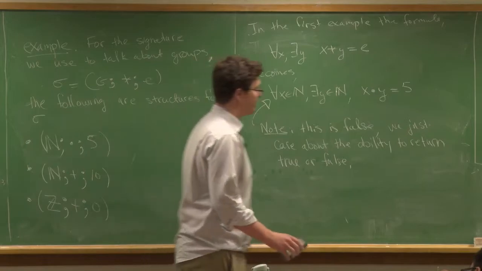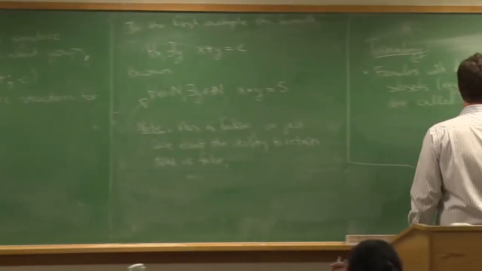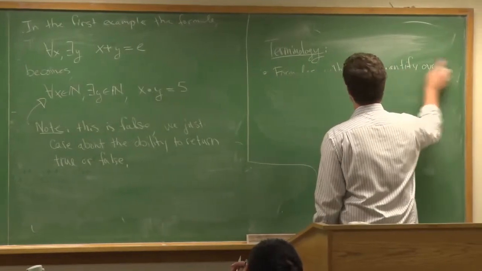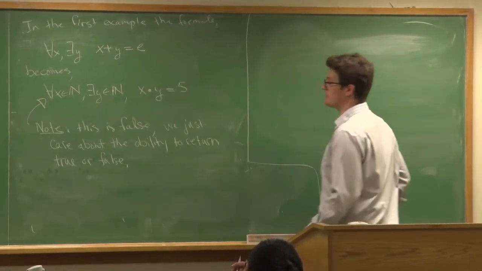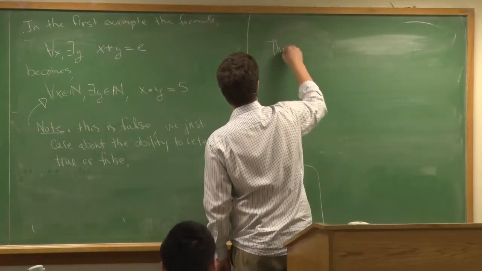Okay, so now let me talk about theories. We've talked about signatures. From signatures come formulas, and structures are things where we can interpret the formulas given the signature. So theories. What's a theory?